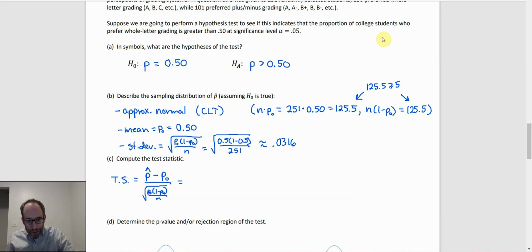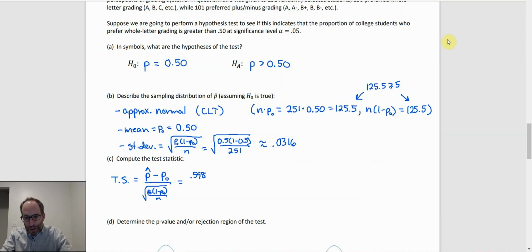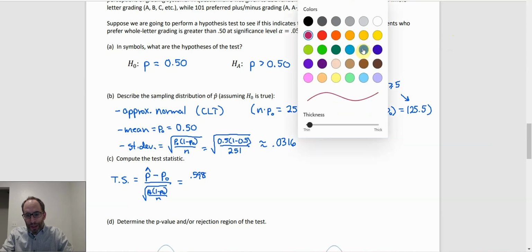It's about 0.598 if you round to 3 places. Where am I getting the 598? I should write this up in the corner in a different color, where I've got some empty space. It's 150 over 251 written as a decimal, which works out to about 0.598. So that's where that comes from.